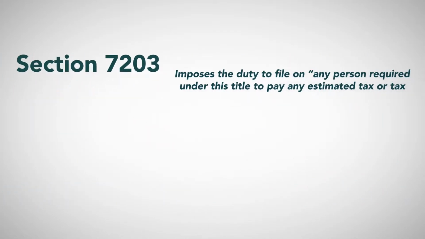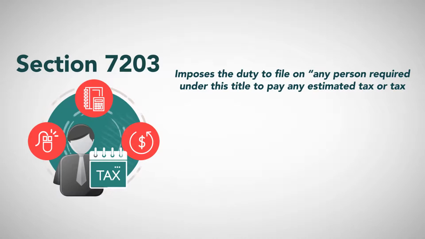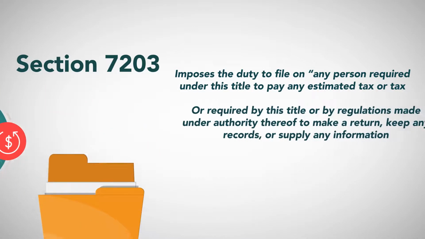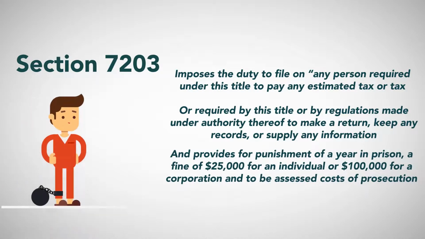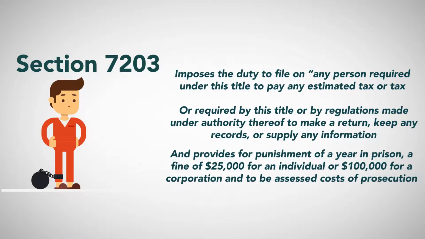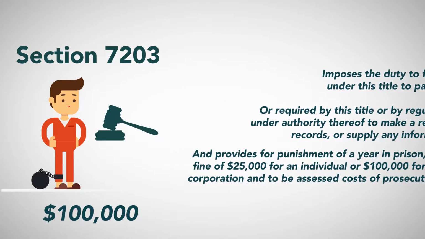The statute imposes the duty to file on any person required under this title to pay any estimated tax or tax, or required by this title, or by regulations made under the authority thereof, to make a return, keep any records, or supply any information. And it provides for a punishment of a year in prison, a fine of $25,000 for an individual, or $100,000 for a corporation, and to be assessed costs of prosecution.